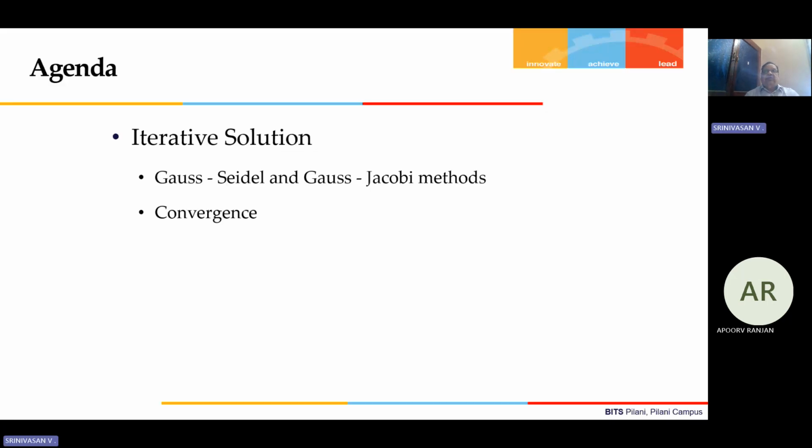As I've already mentioned, iterative methods are Gauss-Seidel and Gauss-Jacobi. Of course, we will also be talking about convergence. Convergence is nothing but going close to the exact solution. You know very well convergence and divergence of sequences and hence series. Here it's not exactly that kind, but literally convergence means coming closer, meeting at a point.